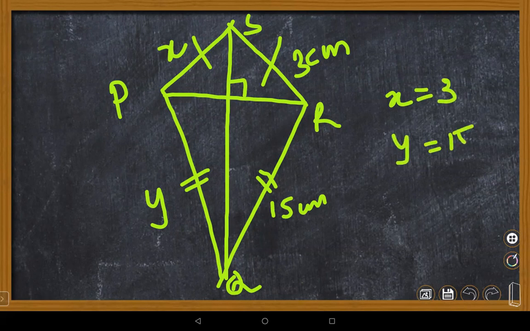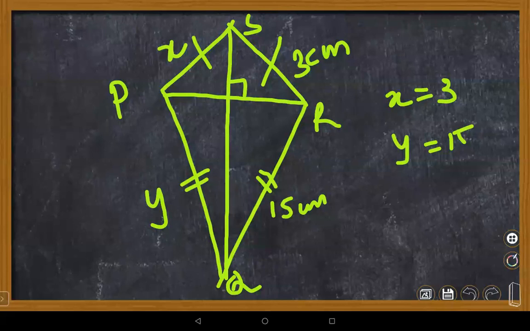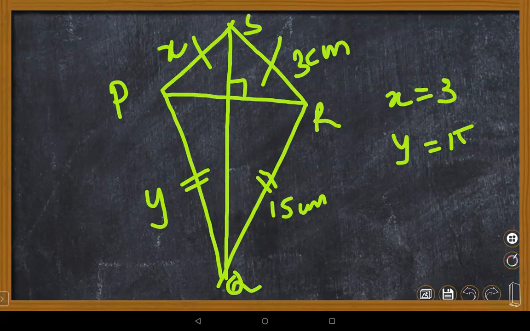If angles are given, children, how are we supposed to take the angles in the kite? Ma'am, diagonals bisect each other at 90 degrees. That is fine, we already did that in the diagram. Yeah, diagonals are bisecting at 90.